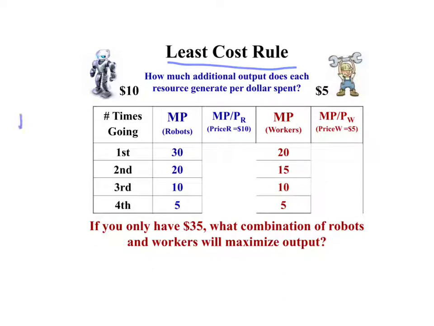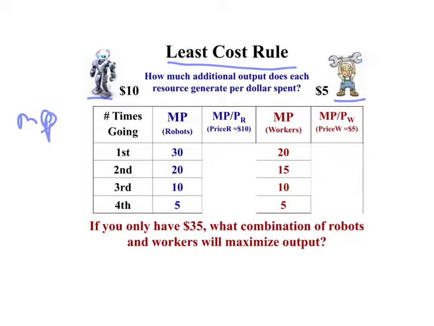One is we're really interested in marginal product, because in order to figure out what resource you want to use, say that you're producing some sort of jeans, and you want to hire workers who can make the jeans. You also are hiring robots or some type of capital to make the jeans.